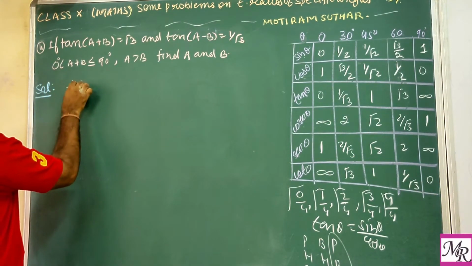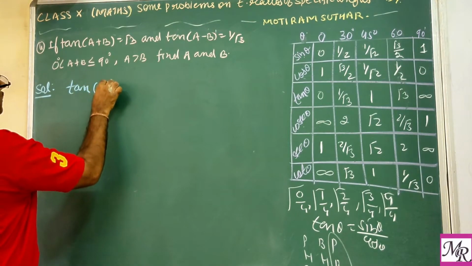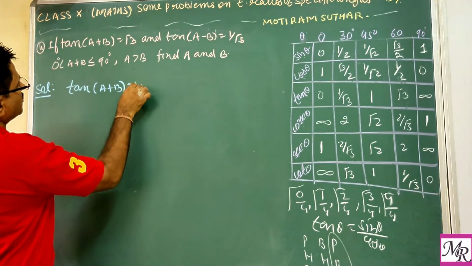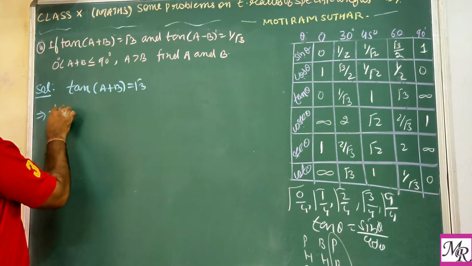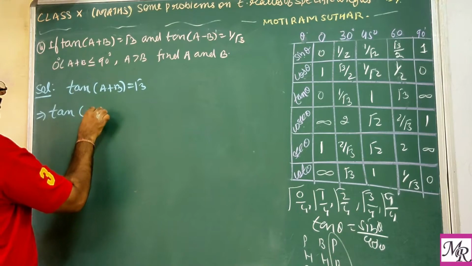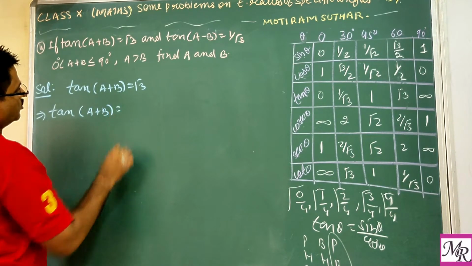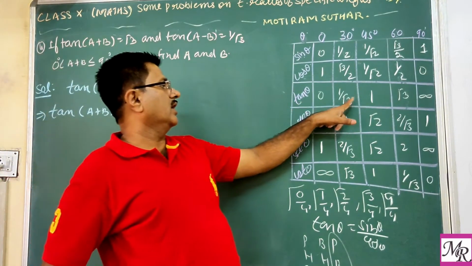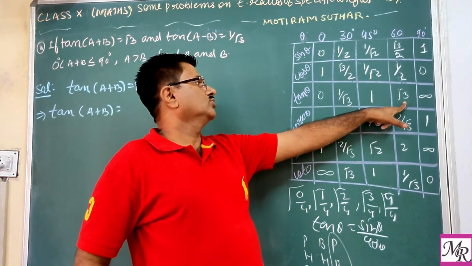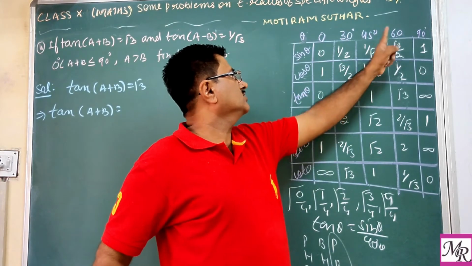As we are given tan of A plus B equal to root 3, again you can say at what angle the value of tan is root 3. So see the table, tan at what angle is root 3? At 60. So tan 60 is root 3.